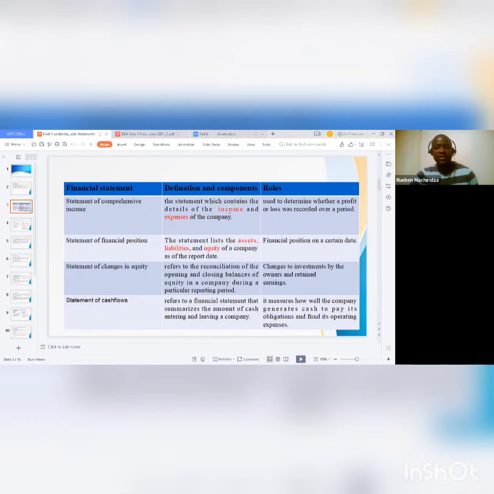And if we go to the first page I showed you, that is the balances, you find that the income goes on the credit side, which means that the income has got a credit balance in the statement of comprehensive income.